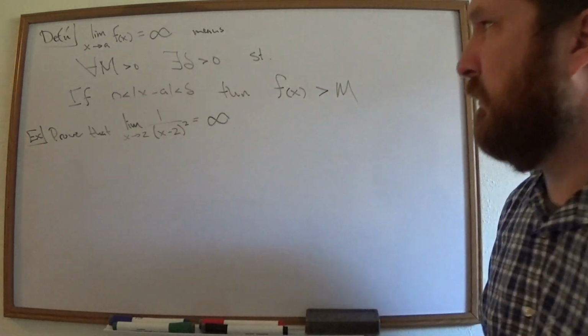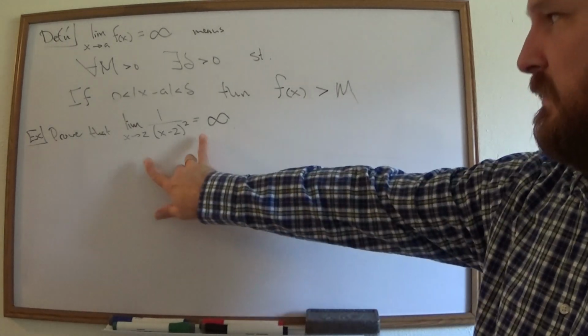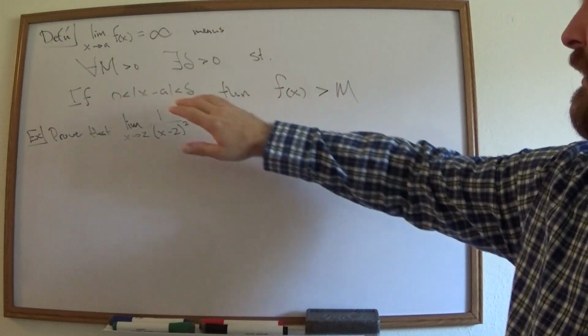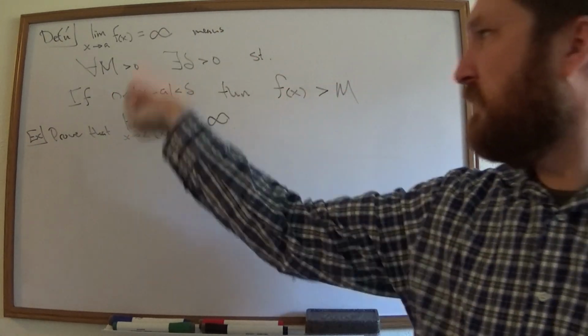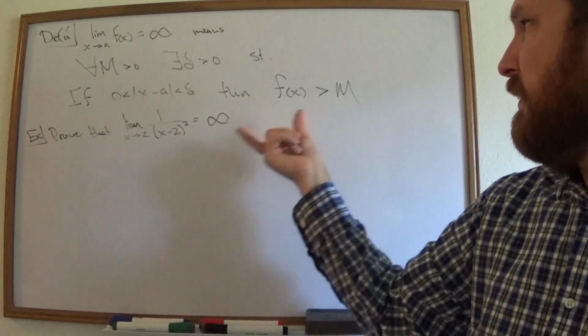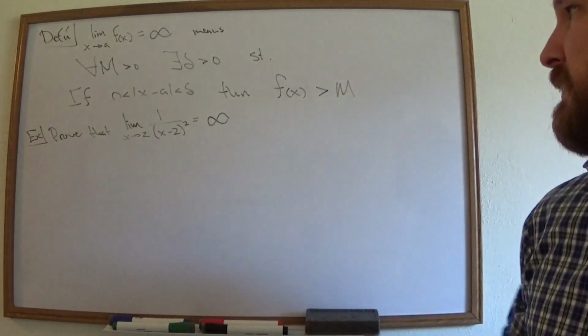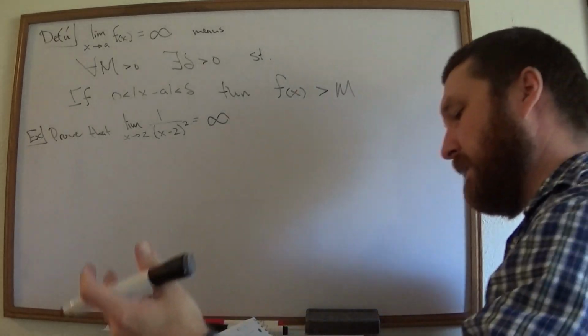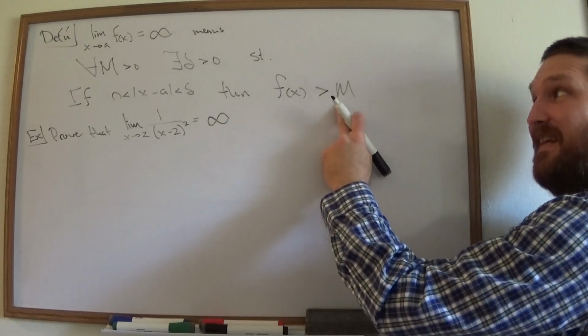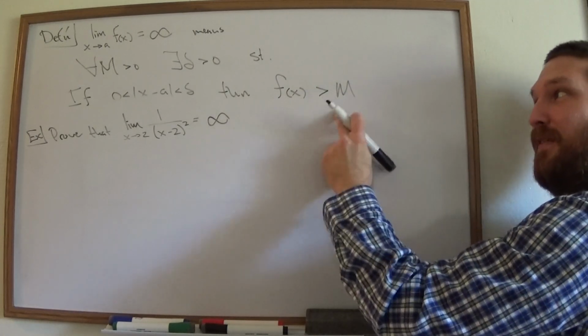So we need to show that for all m's we can find a delta to make this true. When you get close enough to a, in this case 2, your function will be bigger than your tolerance. In this case it's not a tolerance, it's a bound. In other words, this becomes unbounded: f of x bigger than whatever bound.